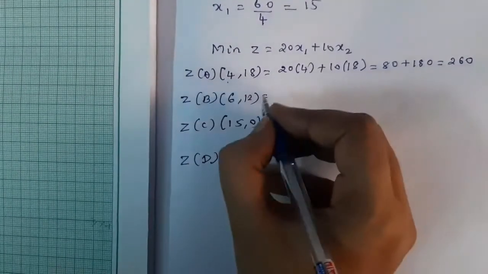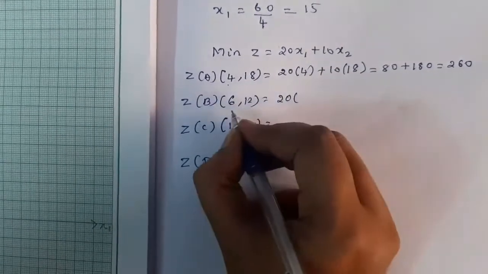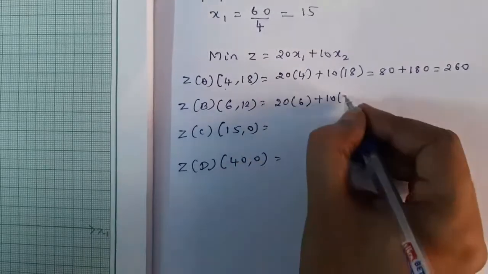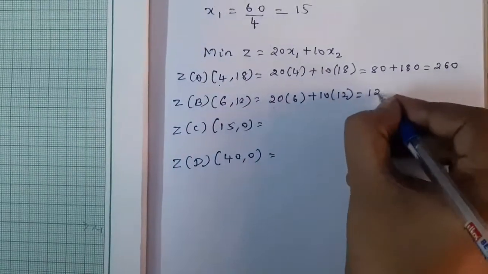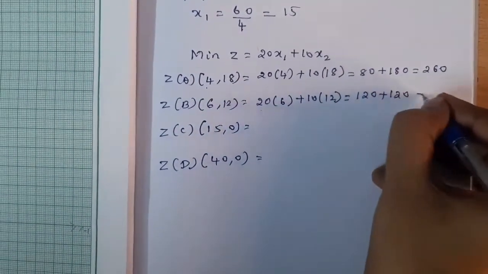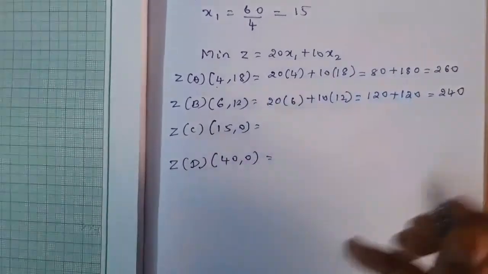Next z of B. Substitute the values: 20 into x1 which is 6, plus 10 into x2 which is 12. 20 into 6, 120, plus 10 into 12, 120. So 120 plus 120 is 240.